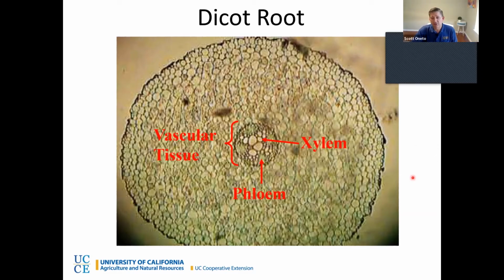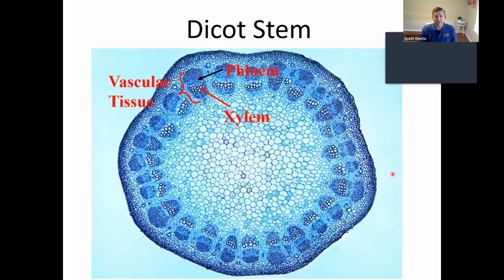Now, if we go into the above ground portion, again, just a close-up of what I've already showed you, we have these clusters, or what we call bundles, going around the perimeter of the stem. This is the stem of our broadleaf. Within each bundle we have xylem towards the inside of the stem; all of these white circles are pipes of xylem cells.